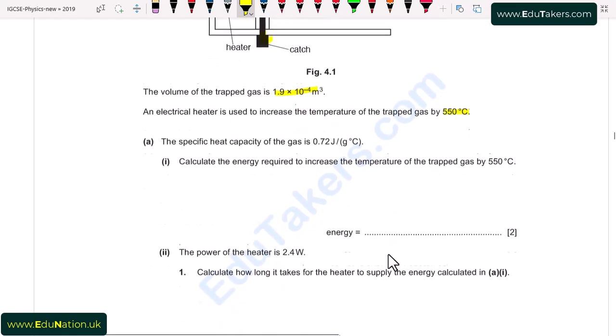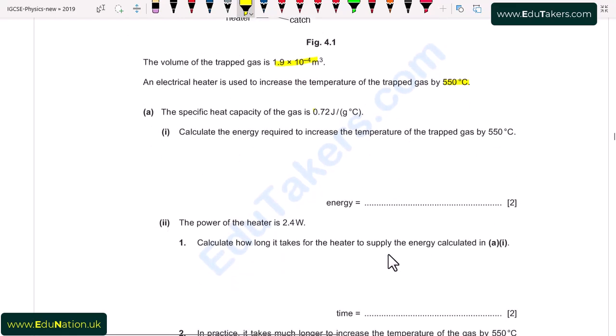The specific heat capacity of the gas is 0.72 joule per gram per degree C. Part 1. Calculate the energy required to increase the temperature of the trapped gas by 550 degrees C. Here we have to calculate the value of energy required to increase the temperature of the trapped gas. We know that the energy E is equal to M C delta T. Here M is the mass, C is specific heat capacity and delta T is change in temperature.